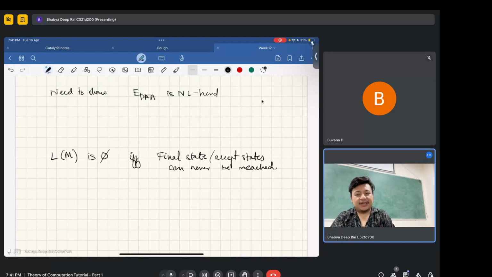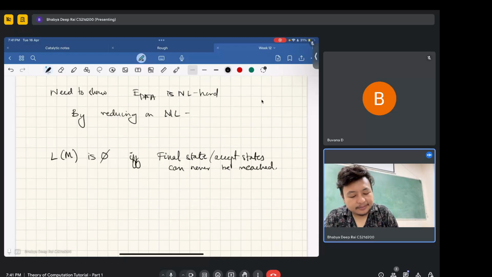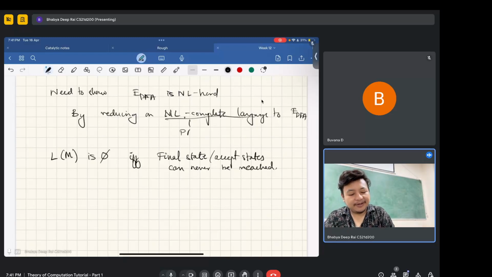We can do this as follows: by reducing an NL complete language to EDFA. And what is the language? The NL complete language is the famous problem known as path.